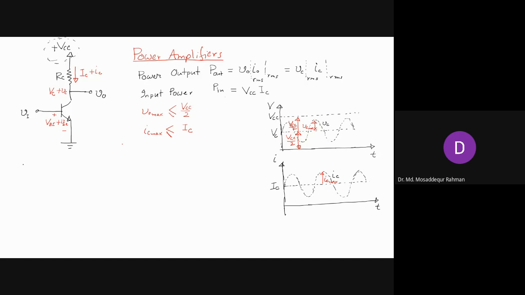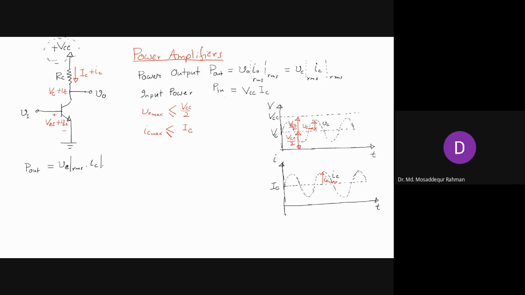Now coming back to our expression for P out, which we have expressed as the RMS value of the collector voltage times the RMS value of the collector current.